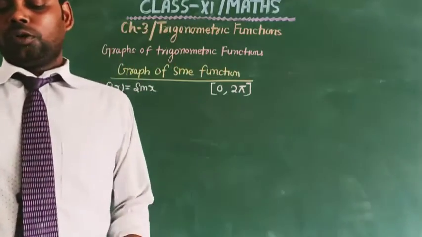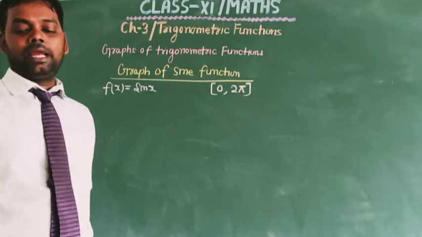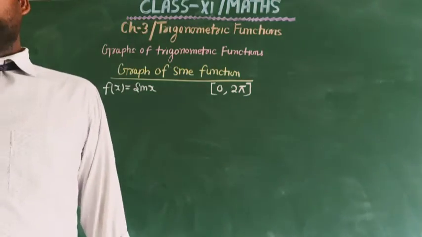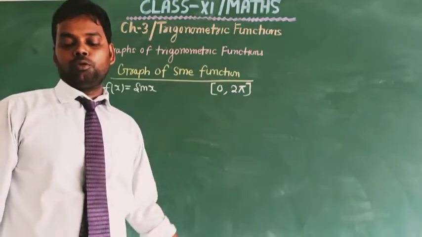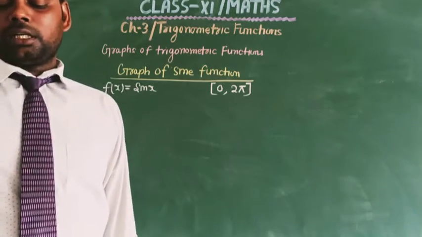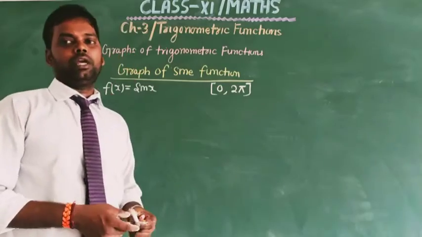Okay, so in order to draw the graph of f(x) equal to sin x in the interval 0 to 2 pi, we require the value of sin x at some points between 0 and 2 pi.